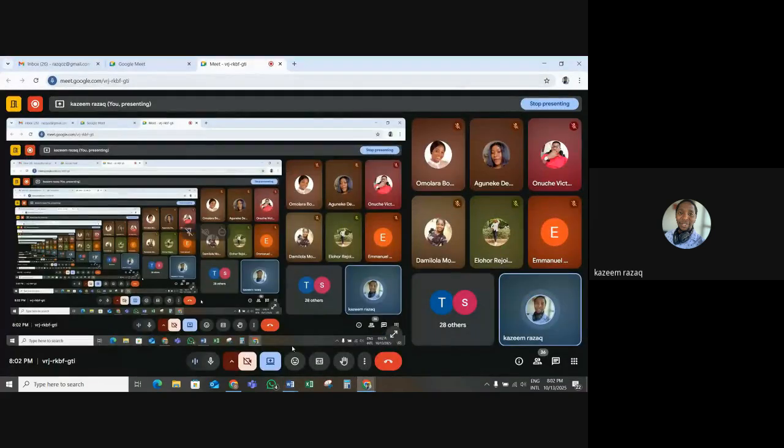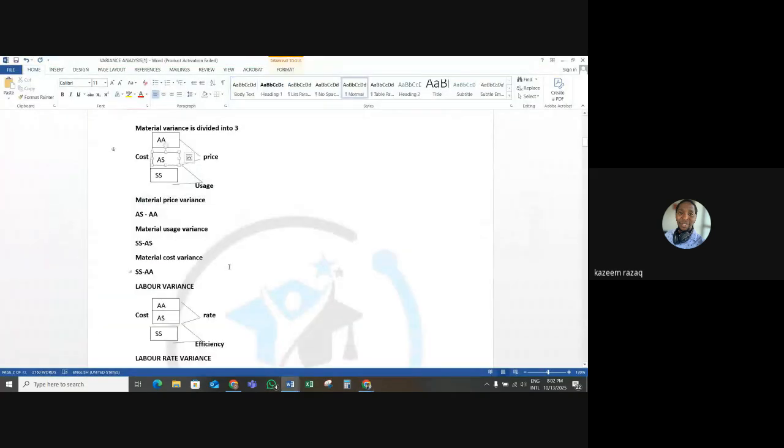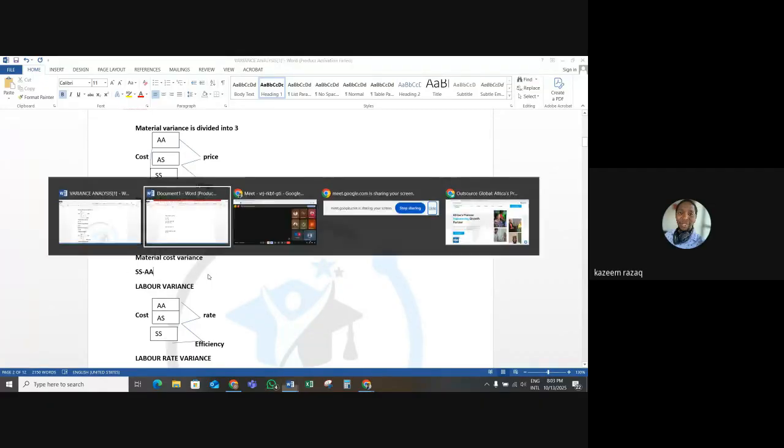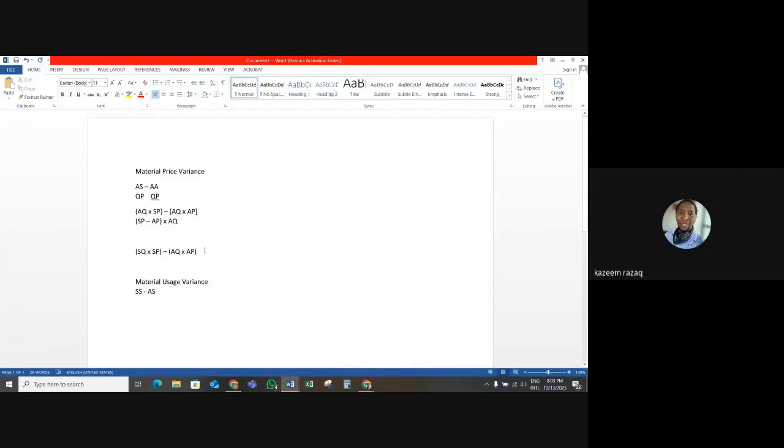Let me show it to you here. I said SS minus AA is cost. Look at it here: SS minus AA, standard quantity times standard price minus actual quantity times actual price. That is material cost variance, not price. You're welcome. All right. So, guys, that is that.